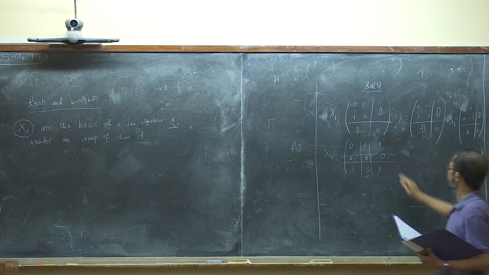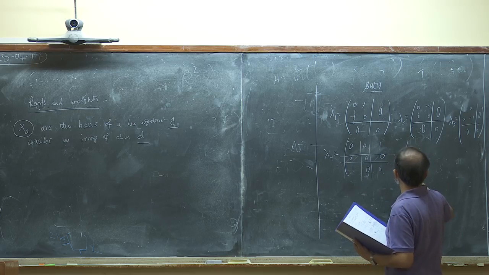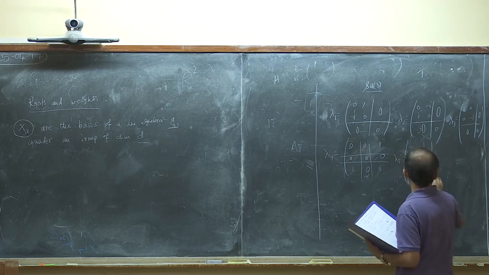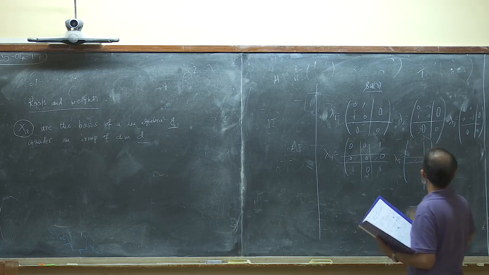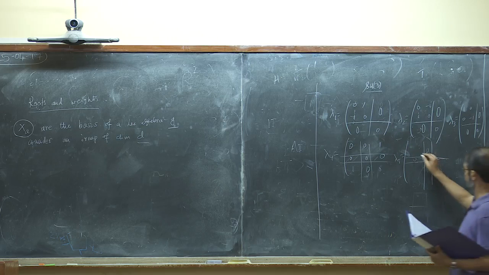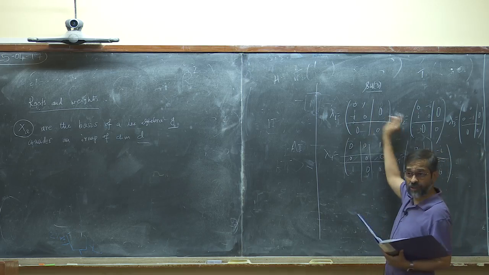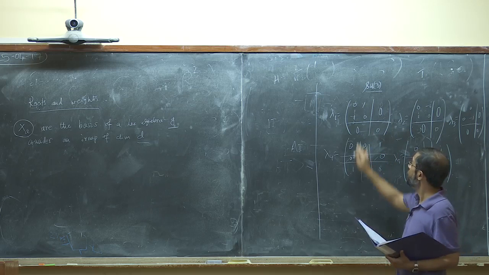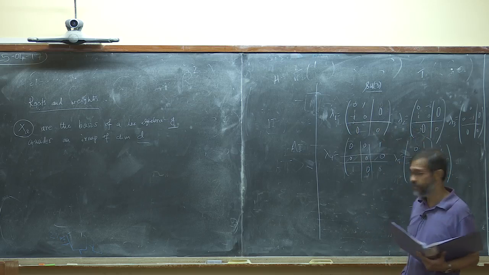Similarly, lambda 5 is the same thing, in which the middle entries are all zeros, and you are left with some 2 by 2 matrix. Essentially, what you are doing is finding 2 by 2 blocks and putting Pauli matrices in those. Okay, the structure is clear.